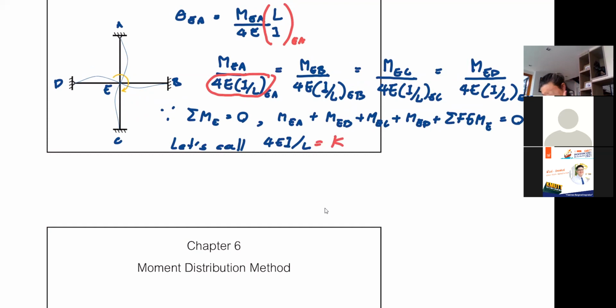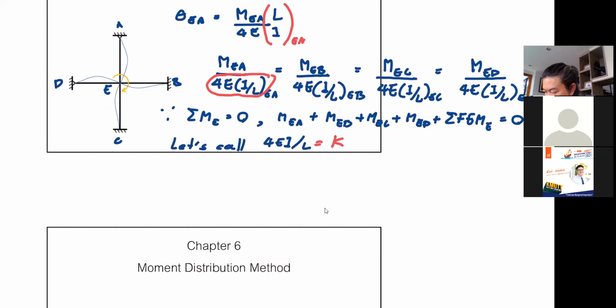Okay. Now I can write MEB in terms of MEA. Can I? You can look at this. Now I can write MEB here in terms of MEA because I have this proportion.